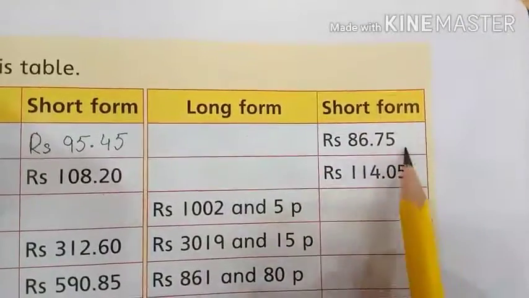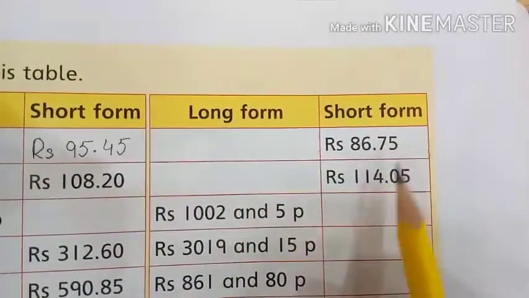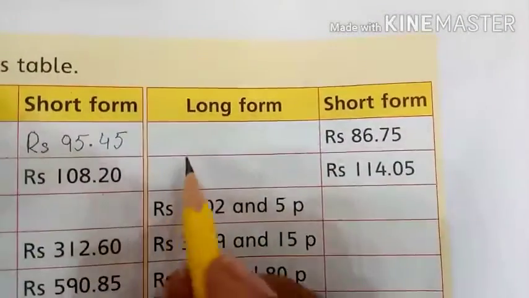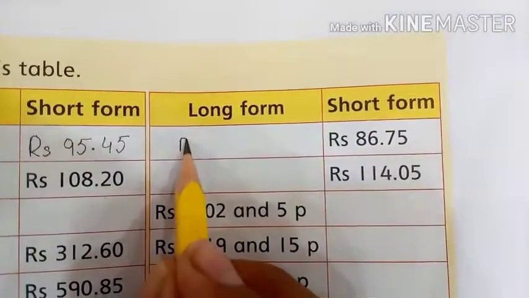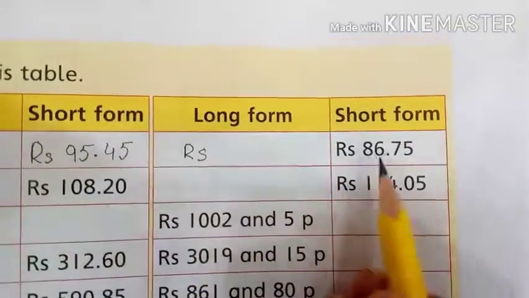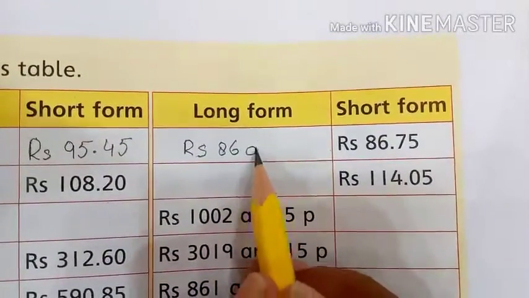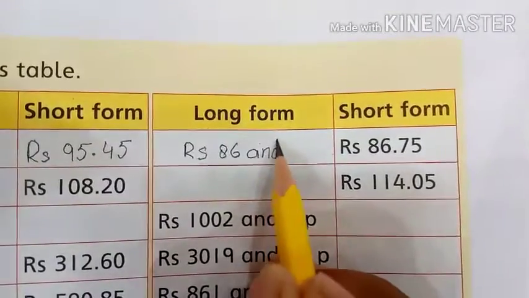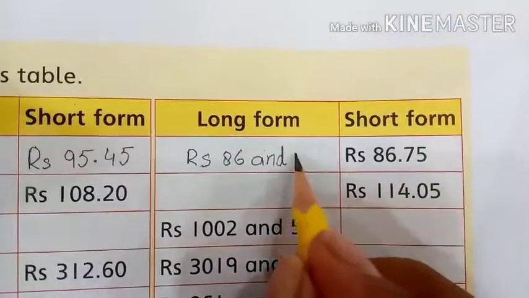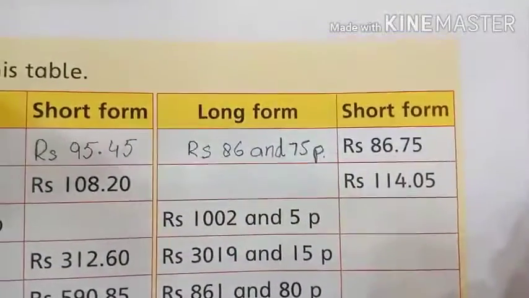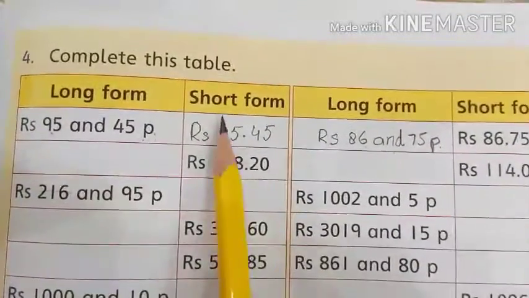Now the short form is given and we have to write in the long form. As we write in long form rupees and paise, so we will write like this: rupees 86 and 75 paise. Okay students, and now the next short form is given here.